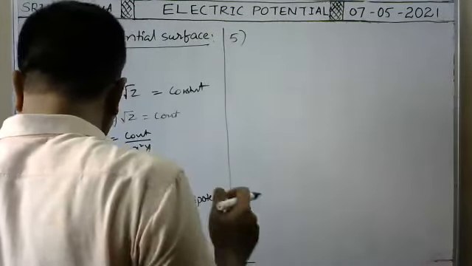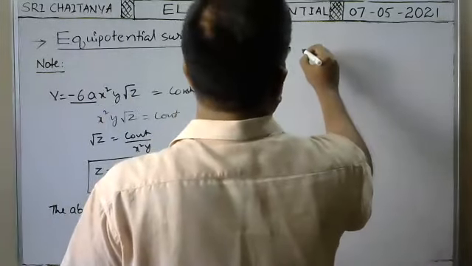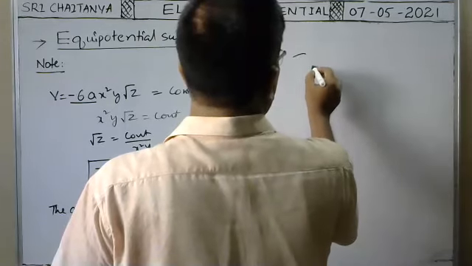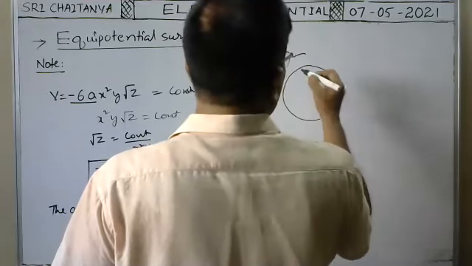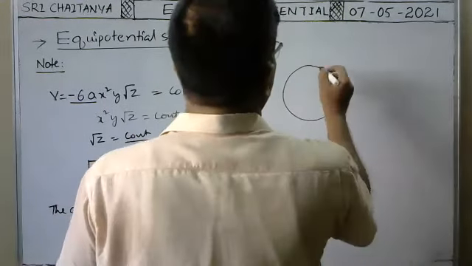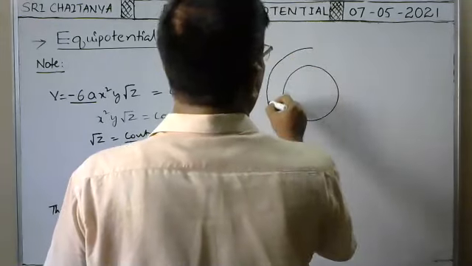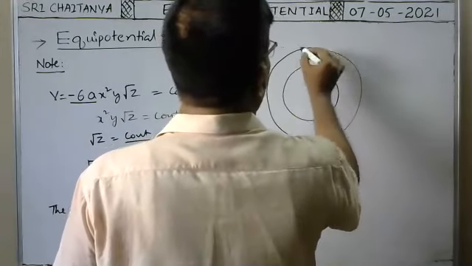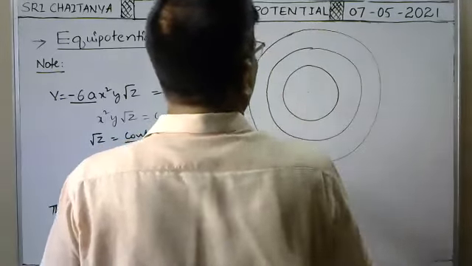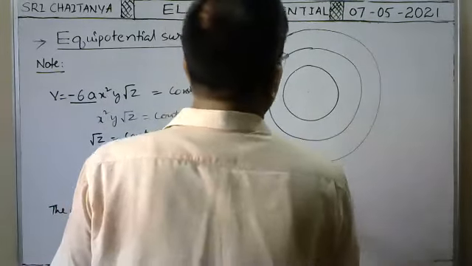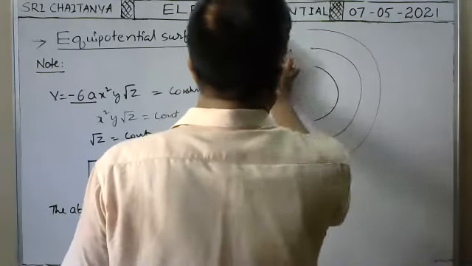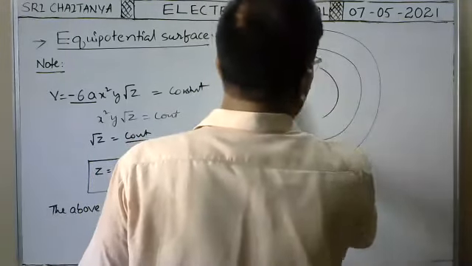Suppose we are given the equipotential surface lines. We are given the equipotential surfaces like this.